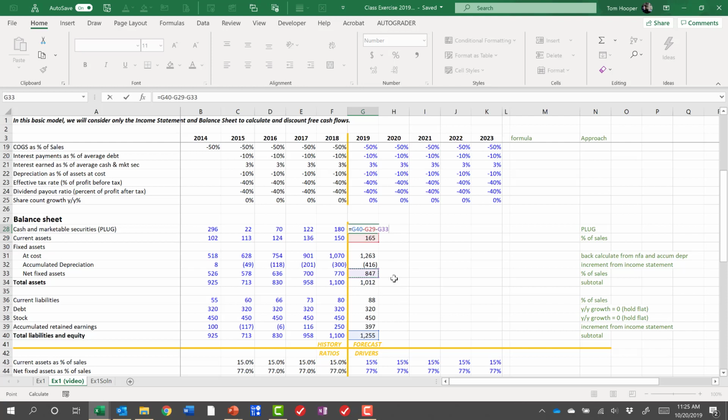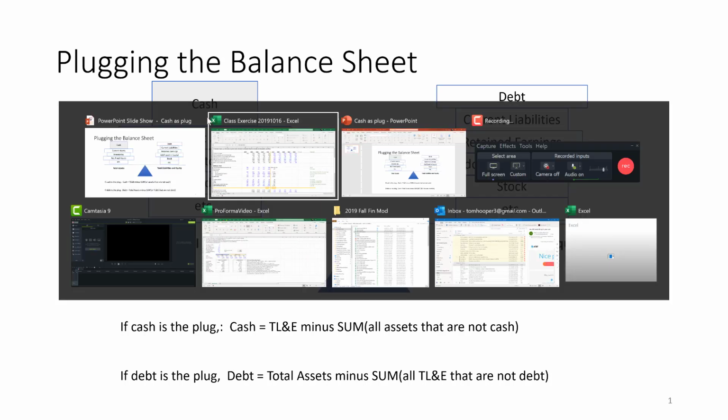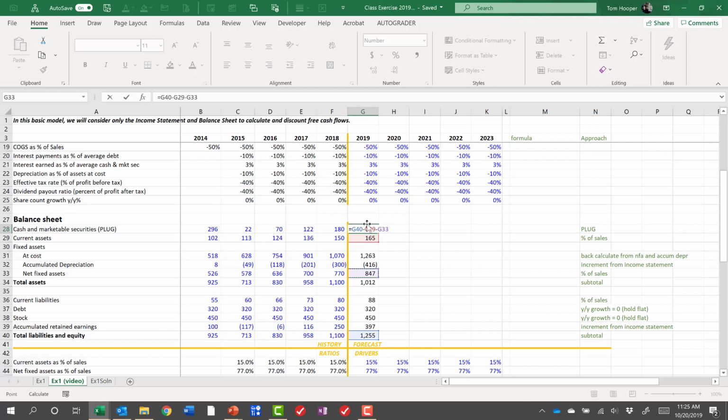But in terms of our balance over here, we're taking total liabilities and equities, whatever is in there, subtracting off all the assets that are not cash, and that's how we came up with this formula right here. Total liabilities and equities minus the assets that are not cash. Extremely repetitive, but an extremely important concept. By doing so, we've brought our balance sheet into balance.